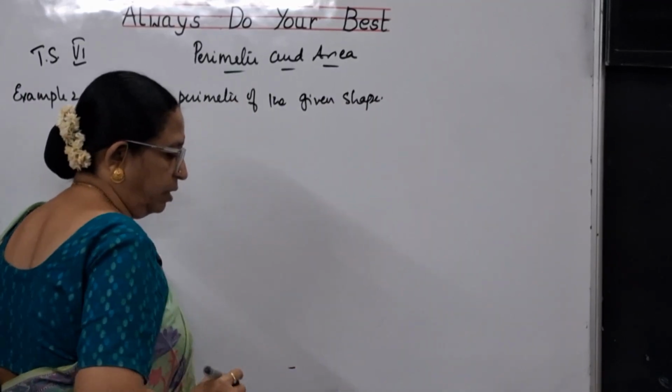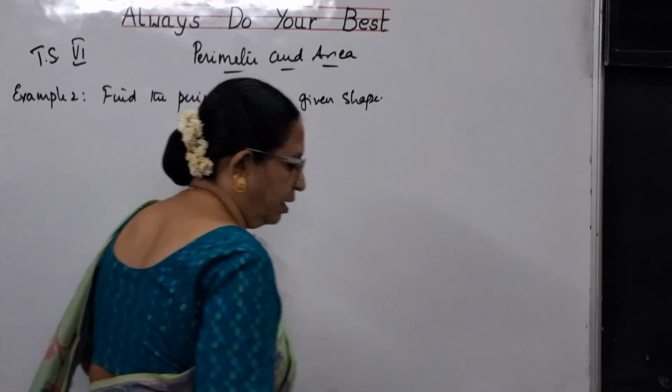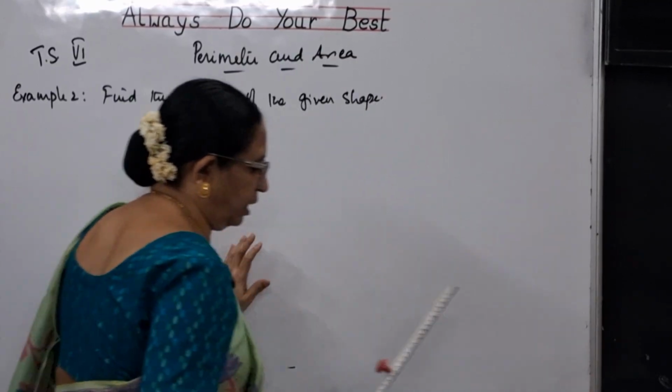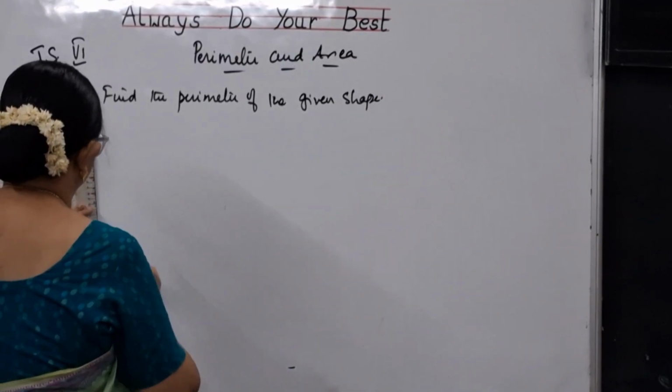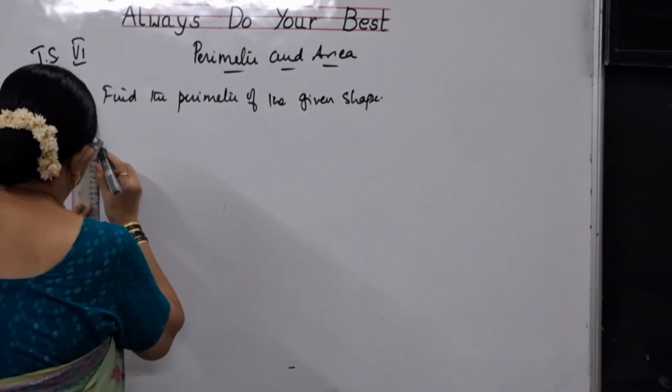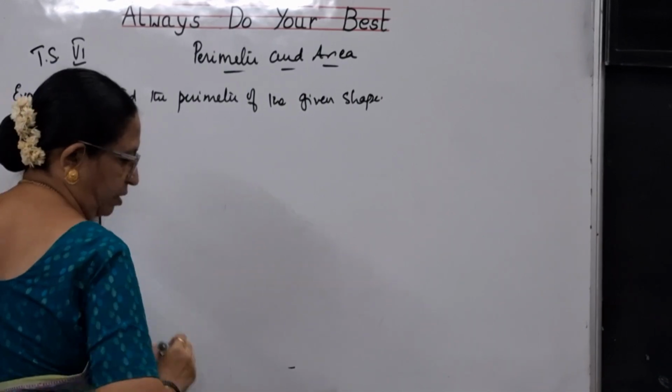They have given a shape that is a letter E. So let me draw it in this way.